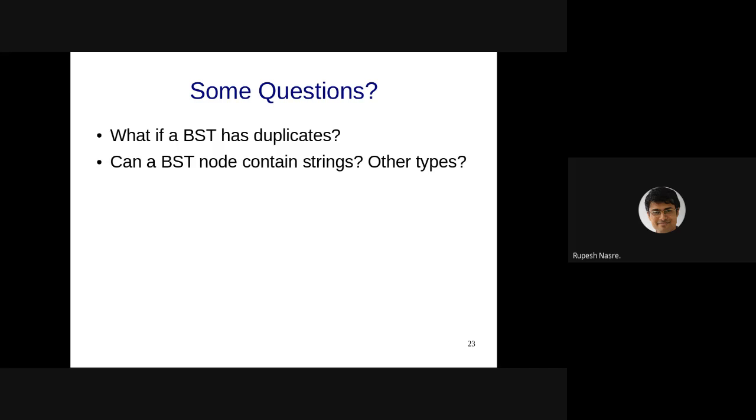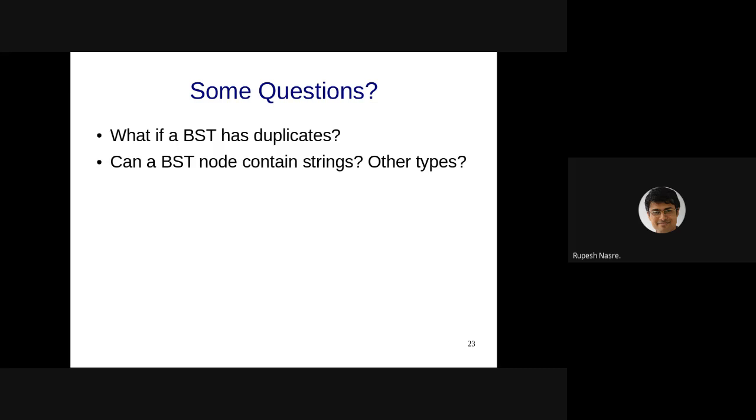Then you can have any type. In fact, for many of these user-defined types, you might have to write a comparison operator. For example, if I say roll number is a key, roll number is not something which the system knows how to compare, but I can define a less than operator, or a comparison operator, and that gives you a way to order these elements.